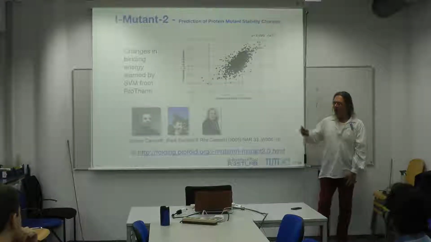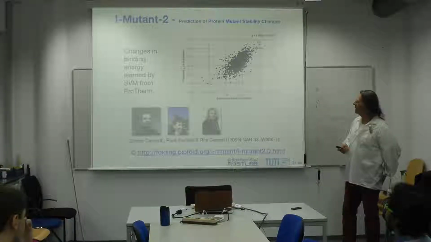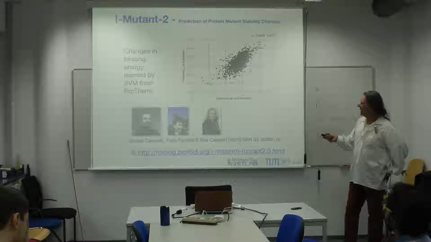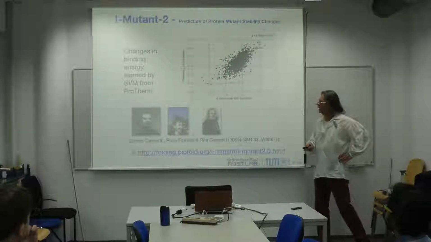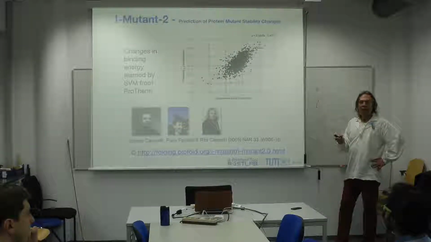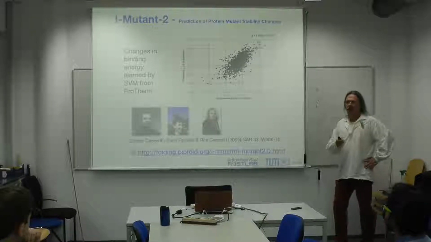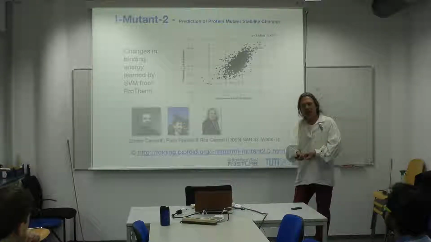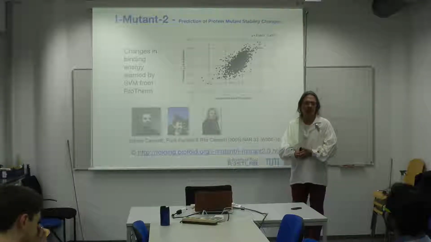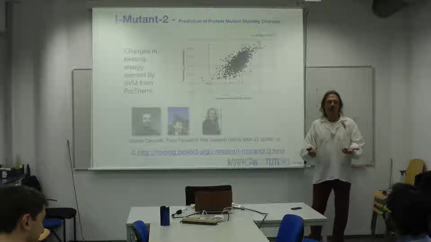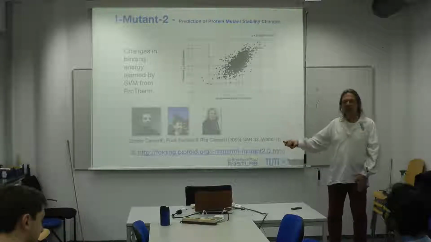Now here is a similar idea, but rather than computing the energy, it's from Emidio Capriotti, Rita Casadio in Bologna, and Piero Fariselli. The idea here is, instead of computing the energy, just take measurements of delta energy of binding of two molecules and learn those in machine learning. Again, all of these are very different data sets.